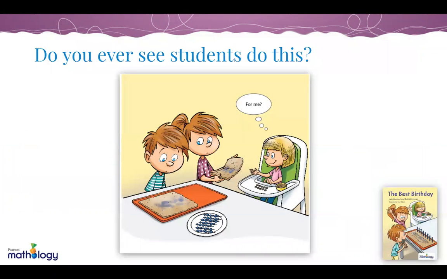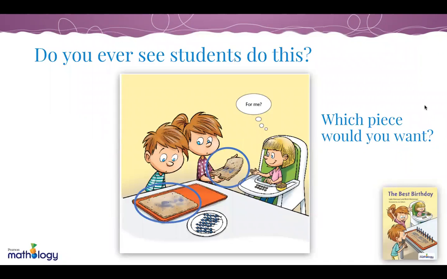Do you ever see students do this? Which piece would you want? We often see students or even young children dividing a piece; they might know that it's not right, but they're not exactly sure how.